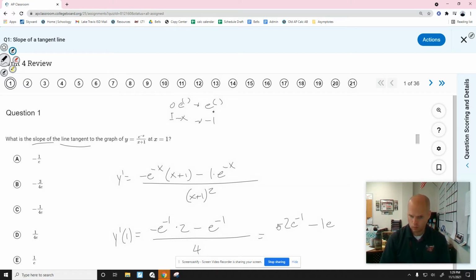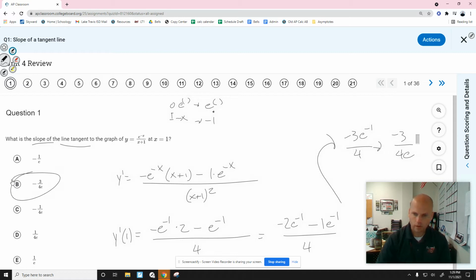This is 1 e to the negative first. I'm subtracting them. I put a 1 there just so I can explain. So I have negative 3 e to the negative first over 4, which is negative 3 over 4e. Winner.